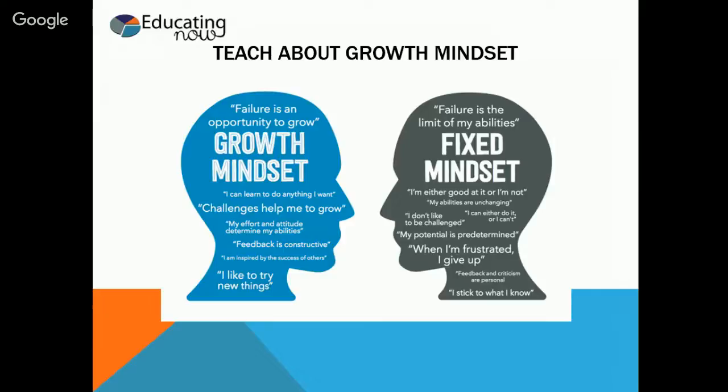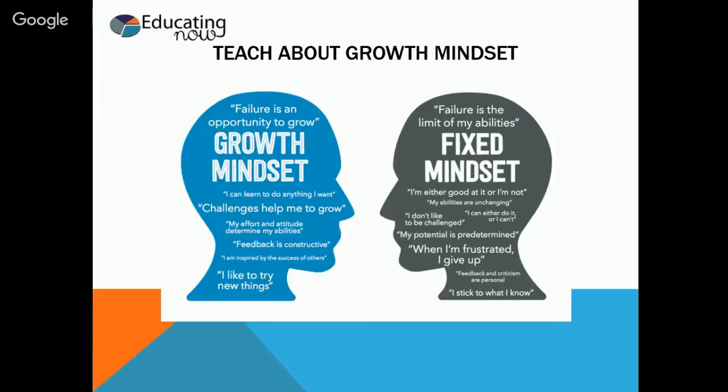By the way, in mathematics we see the most fixed mindset of any subject area. This fixed mindset ranges from adults who aren't even in education, to university professors who are mathematics professors, all the way down to kindergarten students.